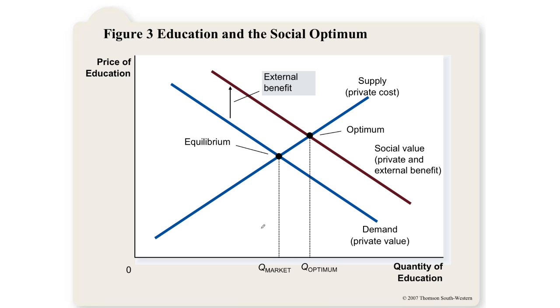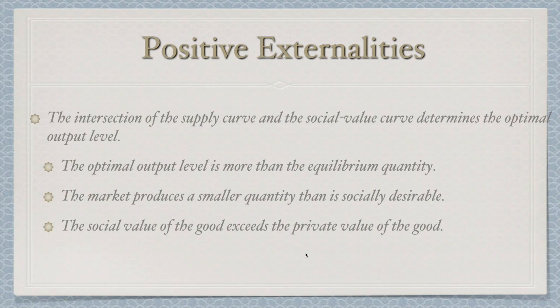And what we see is the socially optimal quantity is higher than the market quantity. So we actually want to encourage people to produce more things that create positive externalities. So the intersection of the supply and social value curve will determine our optimal level. Okay? The market, if left alone, is going to produce a smaller quantity than is socially desirable.